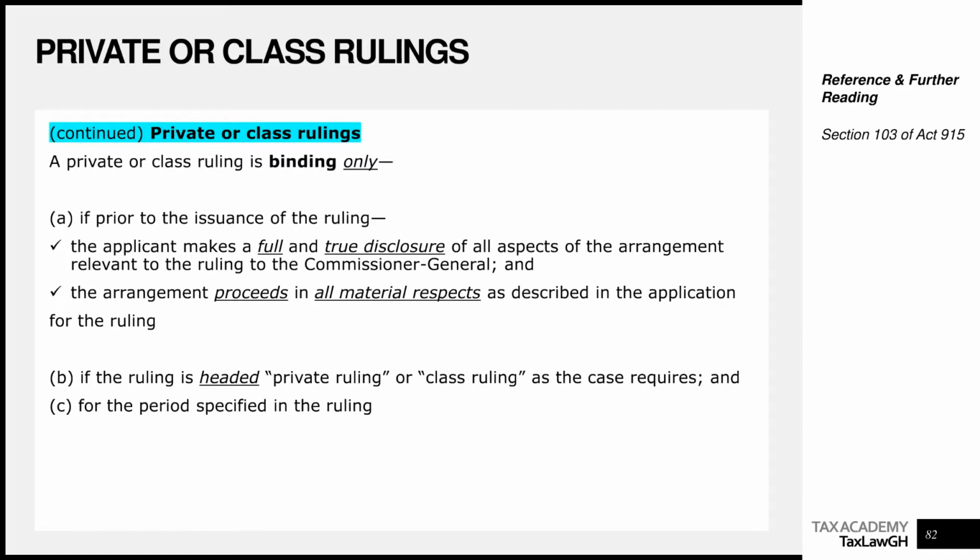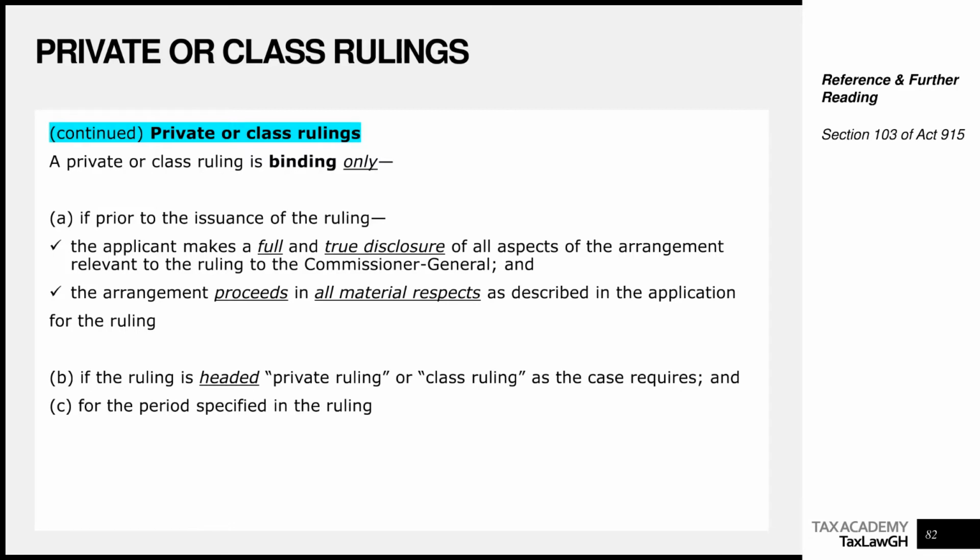Are you paying 10 million or 100 million? Have you been doing it for 5 months and not 8 months? Disclose everything. Let him have all the details before he can issue this to you. If you disclose everything fully, then when he decides, it's binding on him. But if he finds out later that you didn't tell him some parts that were relevant and material, then it's not binding on him. You can't hold him to his word if you did not disclose in full.